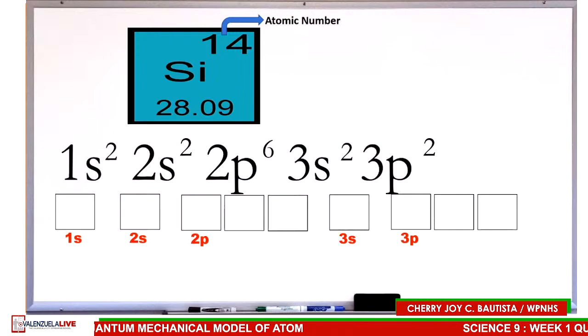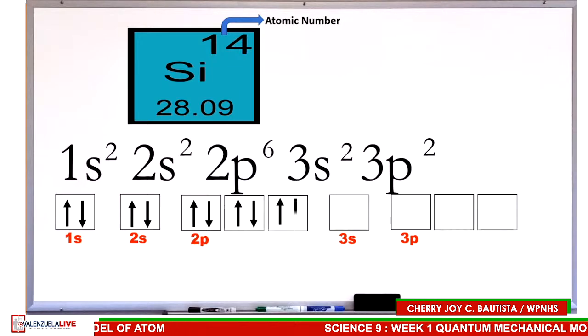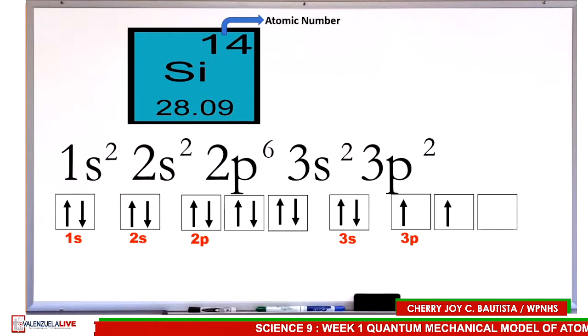We have 1, 2, 3, 4, 5, 6, 7, 8, 9, 10, 11, 12, 13, 14. So this is the orbital diagram for silicon.